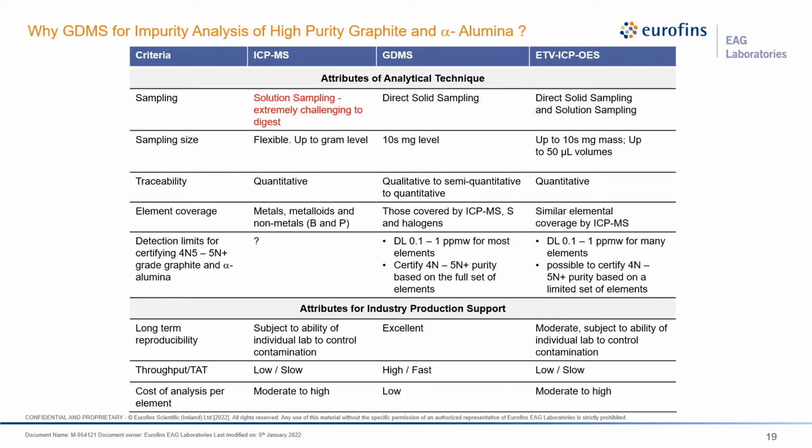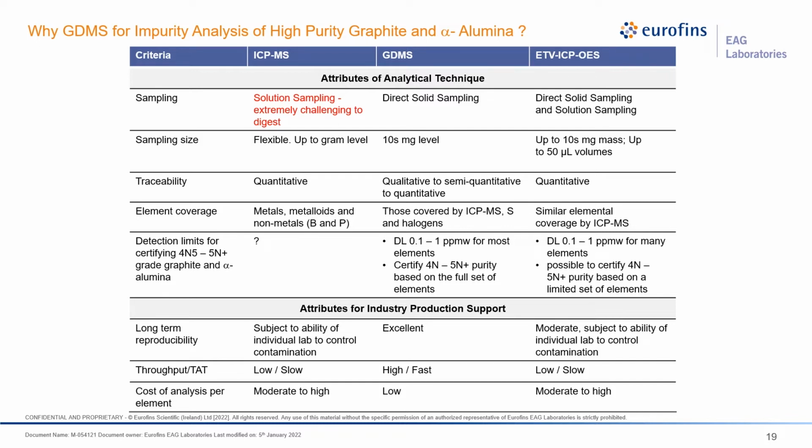Calibration is not easily achieved, and it's not a continuous mode like ICP-MS or ICP-OES, so the precision suffers. There are a lot of questions on how to liberate the analyte and make sure the transmission of the analyte into the detector is at a full 100% level or a good recovery level. And because it's basically a batch mode, the turnaround time is slow and the throughput is not ideal.